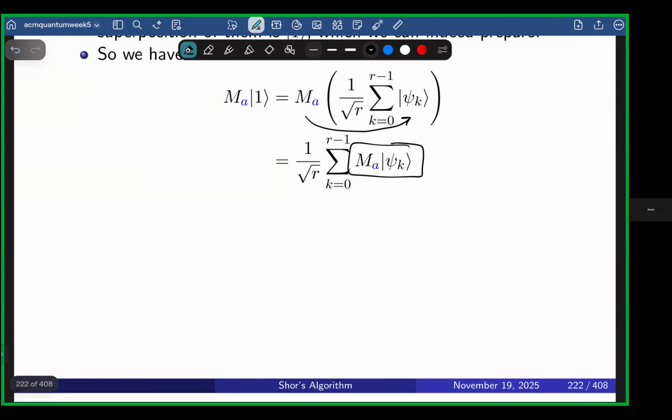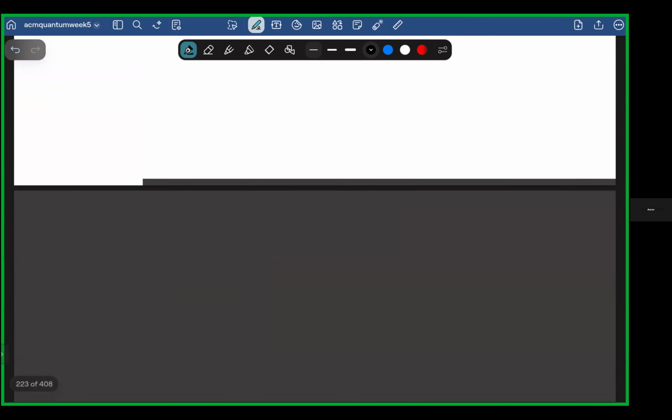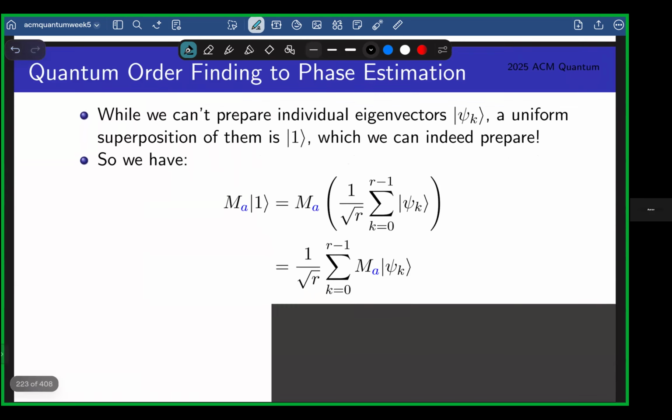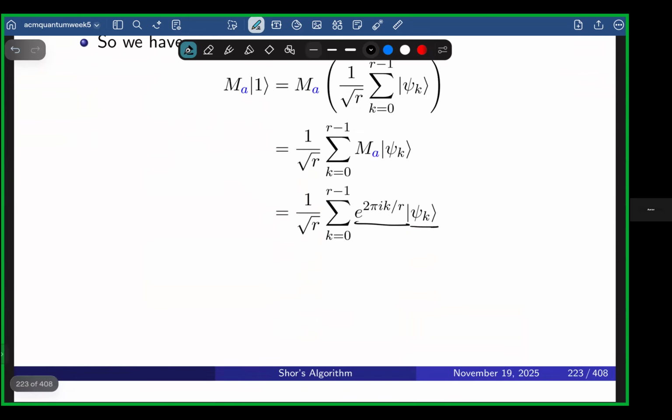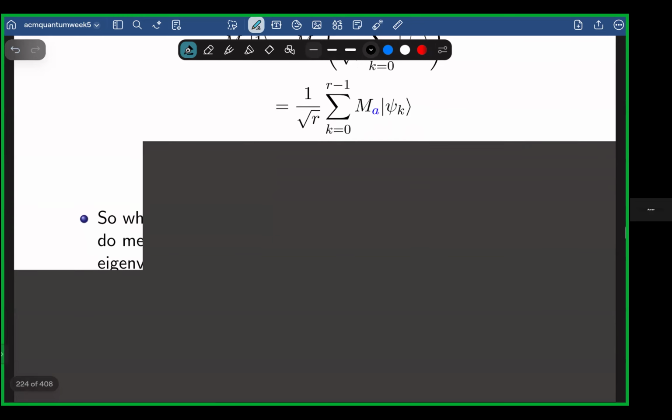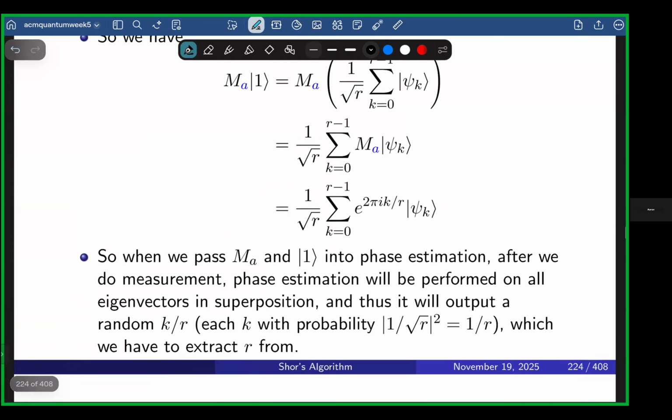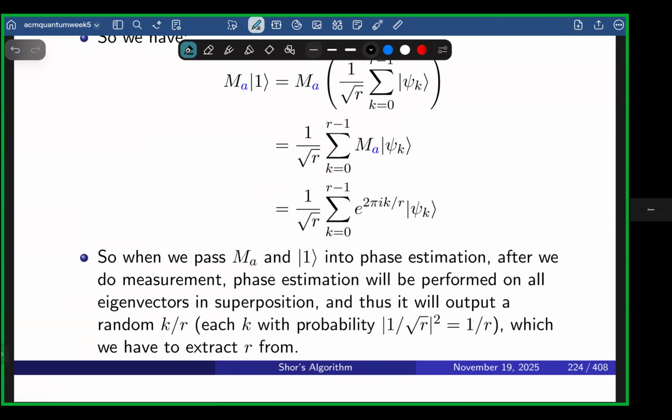We know the eigenvalue equation that we said before. So we just substitute in the eigenvalue times the original vector, right? The observation here is that when we pass MA and then 1 as our state into phase estimation, phase estimation will basically be performed in superposition on all of the psi k eigenvectors.